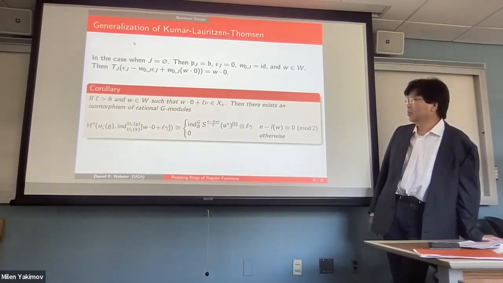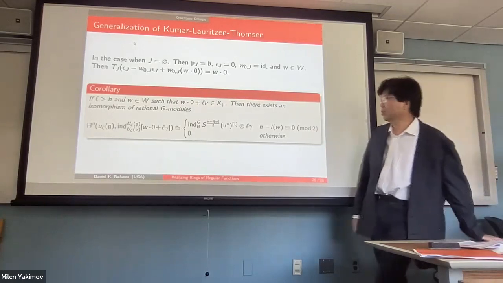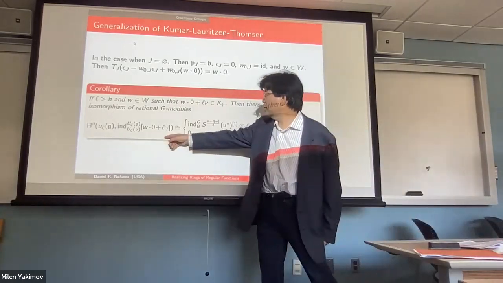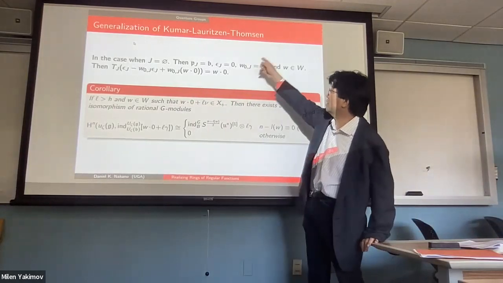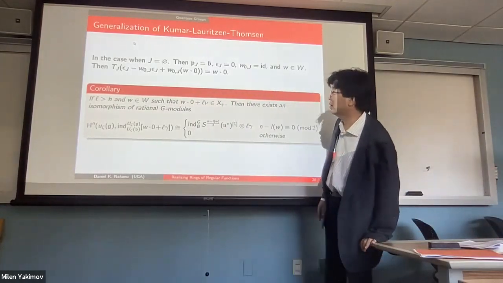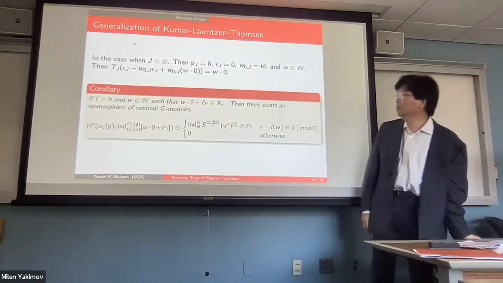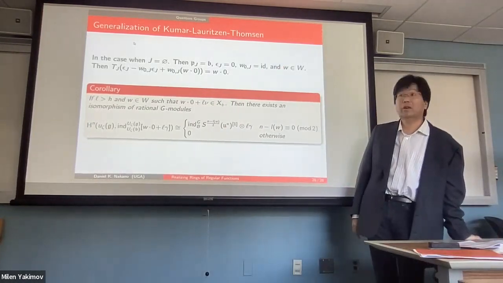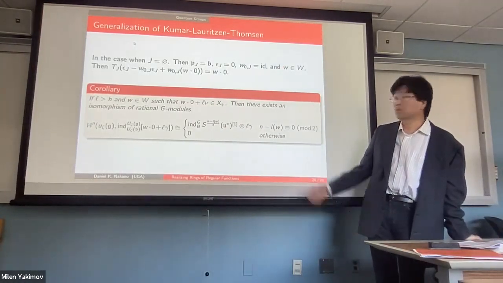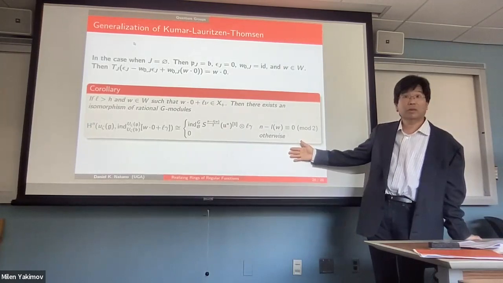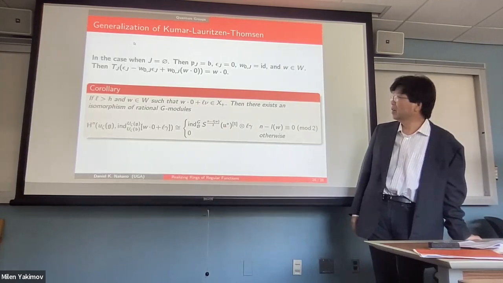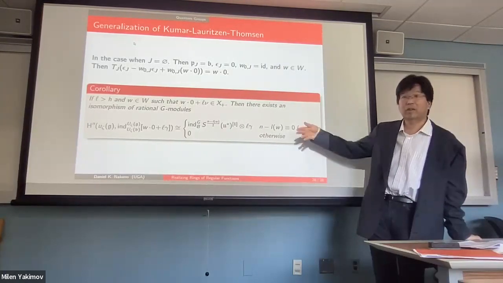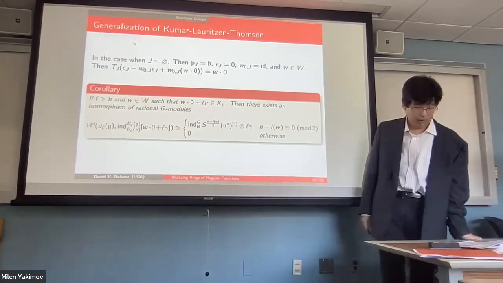So you can compute the cohomology of the induced modules, and you get a similar result as what Kumar-Lorenzen-Thompson did for reductive algebraic groups. As far as I know, this was not known before. So this is a new result that comes out just from the meta theorem that I presented before.